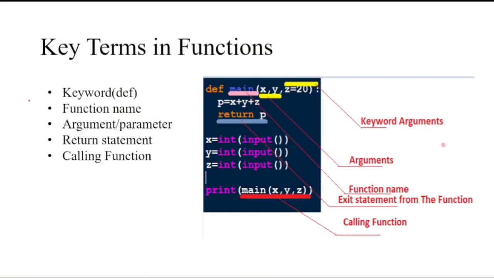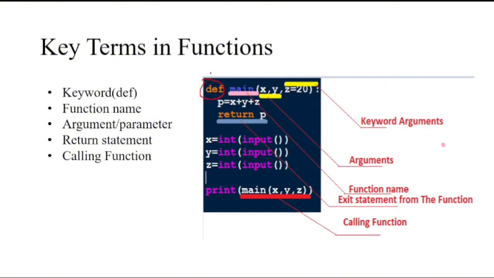So here is the format of the functions, how we create a function and what these functions entail. The first thing is the def keyword. Once in Python you write the word def, Python understands you want to have a function.